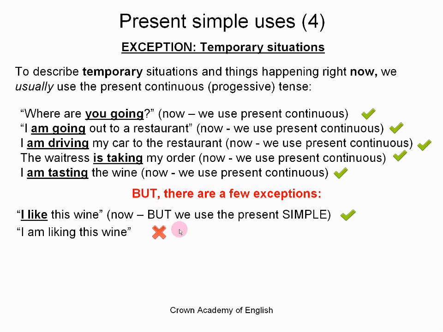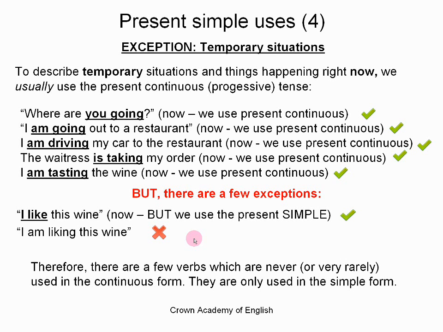Because verbs like this, like I like, or I love, or I hate, it's very often verbs which express some sort of emotion or mental state, which can only take the present simple tense. Okay, so there are some verbs which never exist in the present continuous.